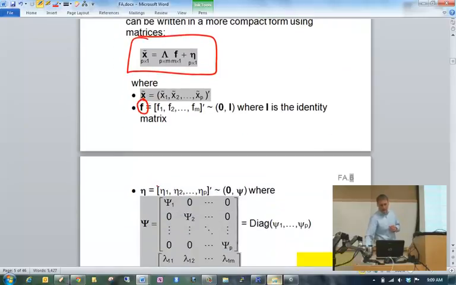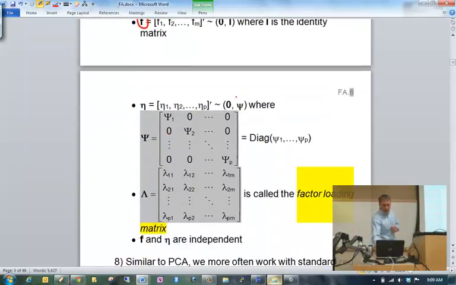Also, eta is distributed with mean of 0 and covariance matrix, let's call it psi, where psi is a diagonal matrix with psi 1, psi 2 down to psi p on the diagonal. Remember, all the etas are independent of one another. That's why you have zeros on the off diagonal.